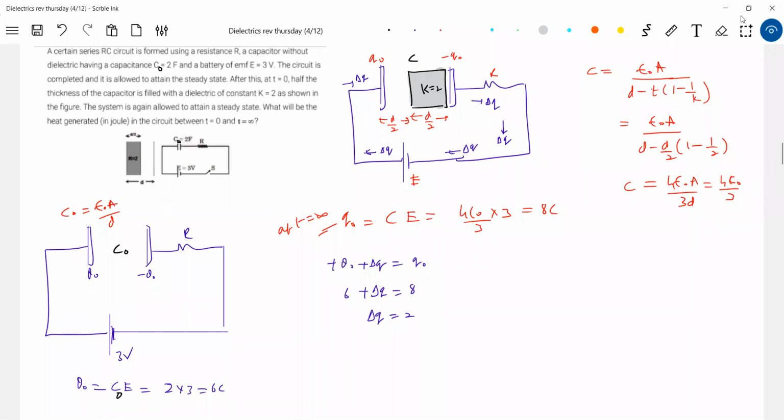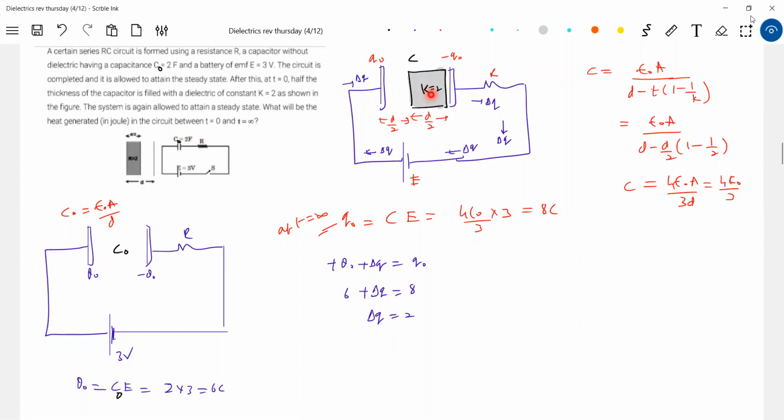So already there was energy in the capacitor. What about the work done to put the slab in? Shall we consider it or should it not be considered? It is after putting the slab, no? So therefore, what we have to do is this: what was the earlier energy after putting this slab?